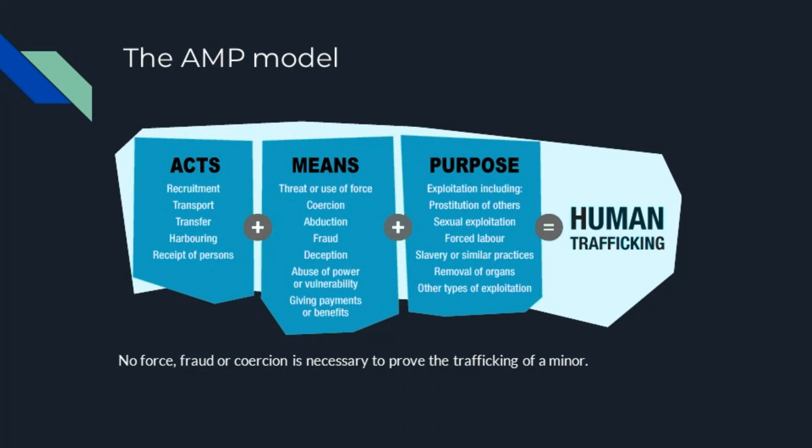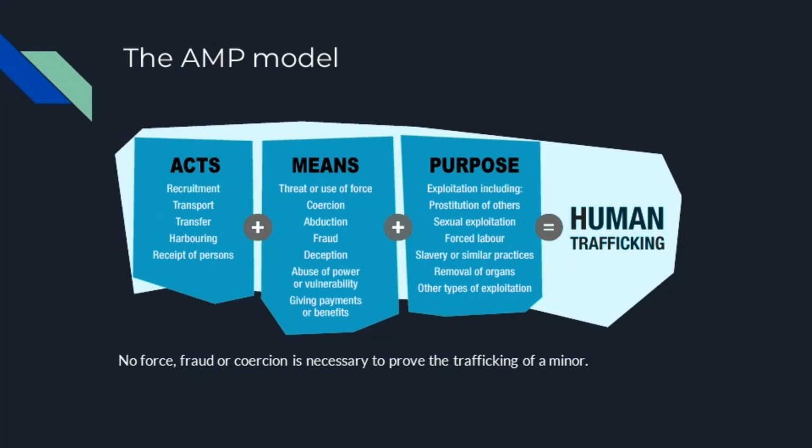And again, it is very important to note that you can completely eliminate that M category when you are dealing with juveniles. So with juveniles, you still need to have an action and a purpose. And if you're working with adults, make sure that you have the acts, the means, and the purpose.